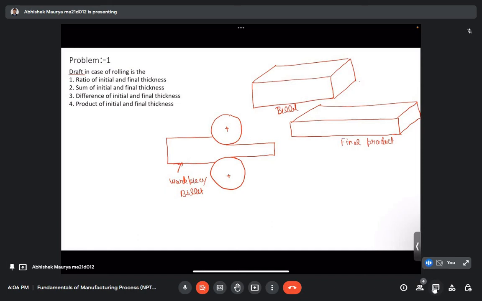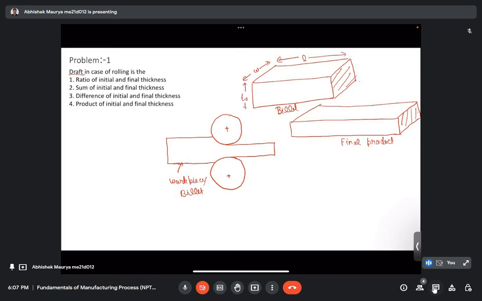Earlier we can see the cross-sectional area was something like this, and finally it has been reduced. It will be better if I show the dimensions. This is the length, this one is the width, and this one is the initial thickness.